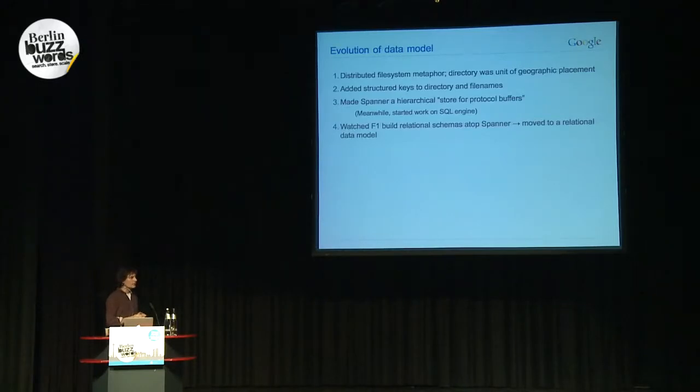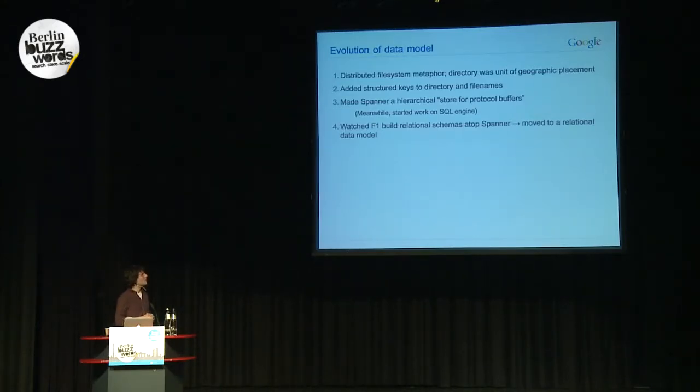This seemed reasonable, but again, there was an unnecessary gap between the way our schemas modeled data and the way users were used to modeling data. So as we watched F1 building these relational schemas on top of our hierarchical protocol buffer schemas, we had to admit that the F1 schema was just a more comprehensible way to do things, and that a migration path from SQL databases was something that we should not take lightly letting go of.